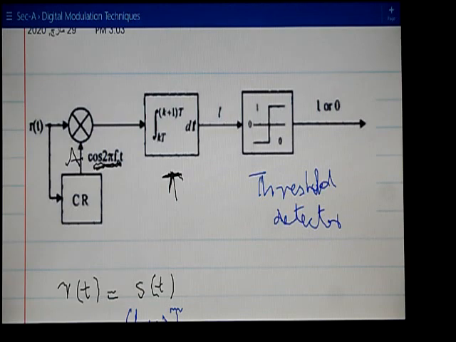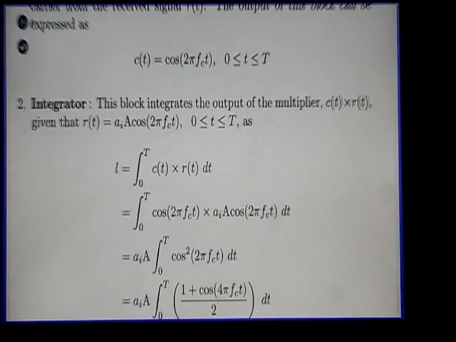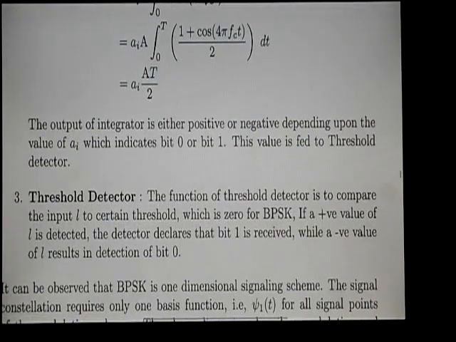And this is how the ideal demodulator works. We will add noise into it, and we will see the performance of this demodulator in the presence of noise in our later sections.